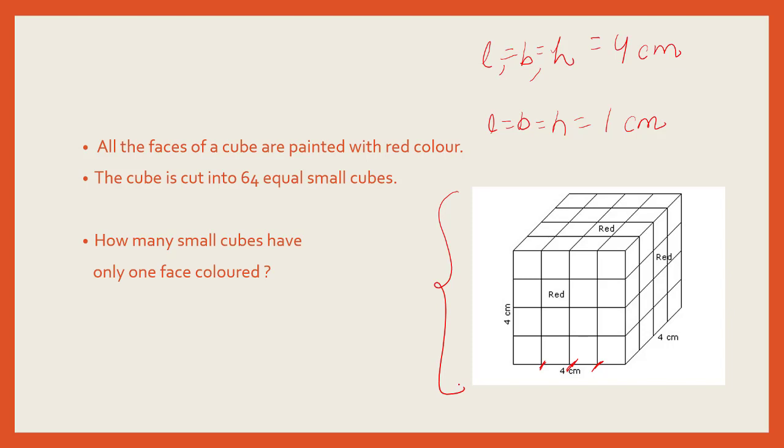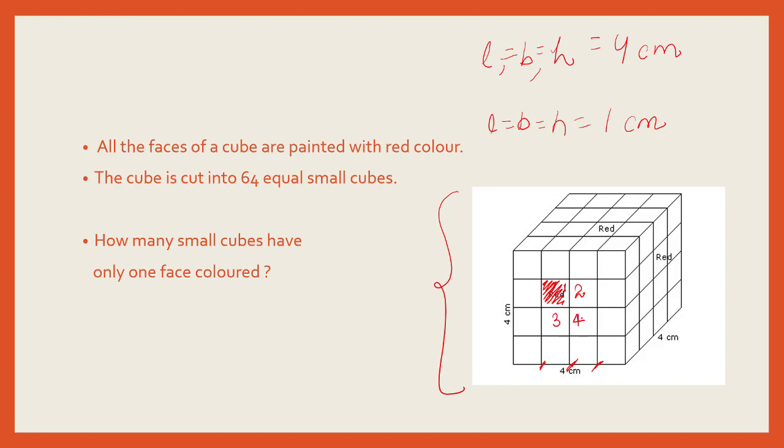Okay, now you need to understand which are going to be those cubes of whose we can only see one face. Rest 5 faces are hidden inside the structure. Okay, so those cubes are going to be this. Let's say this one. Okay, so this is 1, 2, 3, 4.